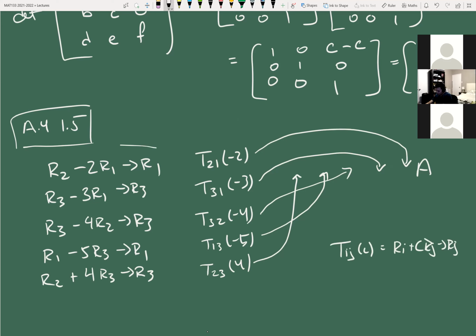And so this row operation, oh man, it's written in a weird way. Oh, because this is row 2. I screwed this up. So this is in fact T21 negative 2. I'm sorry, I just screwed up what it was. I wrote it mapping to R1 instead of R2. That was my mistake.